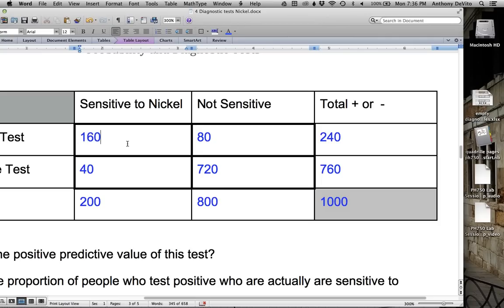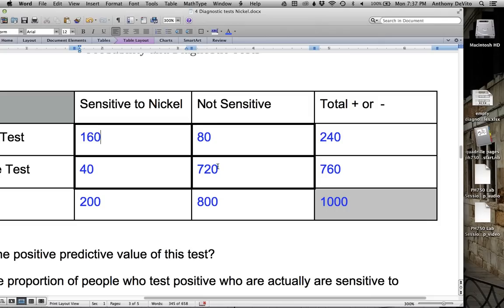So what's the probability you have the disease if you tested positive? 160 over 240. And what is that? That's 0.67, right? 0.666, whatever. That's the positive predictive value. So in this particular test, with this particular sensitivity in this particular population, the positive predictive value of this test is 66%. That means there's a 33% chance if you test positive, you don't have it, right?